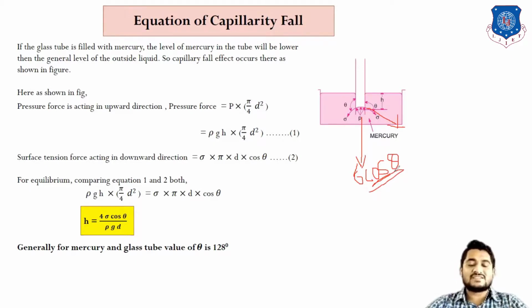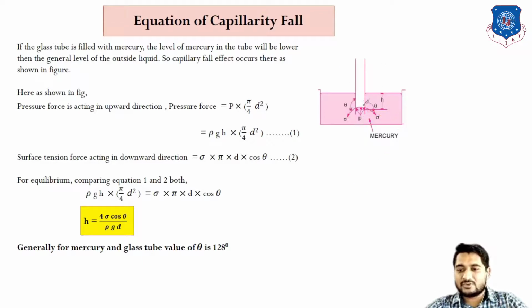For balancing it, we have to draw one component of pressure in the vertical direction. So pressure will be acting on mercury like this. See this, pressure will be acting on mercury in the upward direction for balancing sigma cos theta. So sigma cos theta is in the downward direction, and the pressure component is in the upward direction. First of all, as shown in the figure, the pressure force acts in the upward direction.